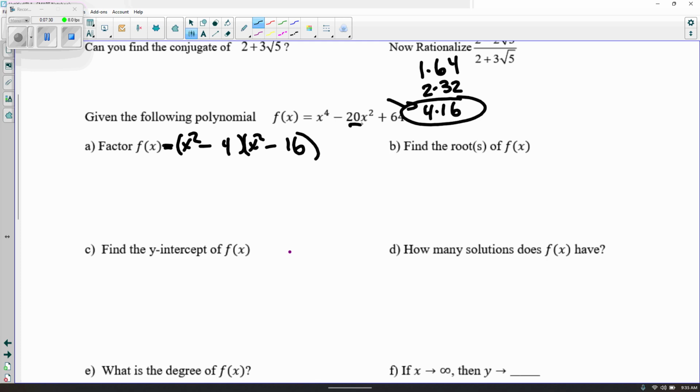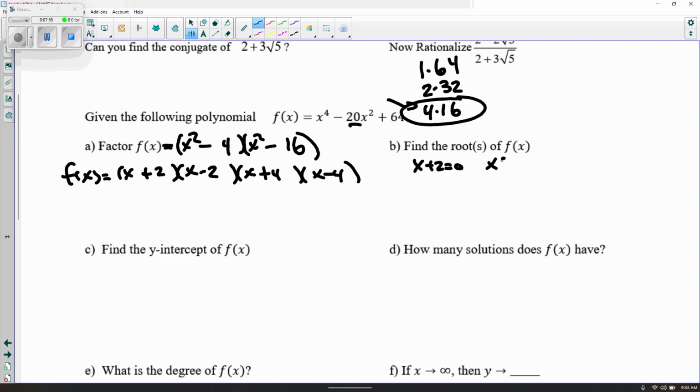The 20. Okay? And then she continued to factor it using what? All her conjugate pairs. So she did x plus 2, x minus 2, x plus 4, and x minus 4. And I'm guaranteed she probably already has on her paper the zero product property.